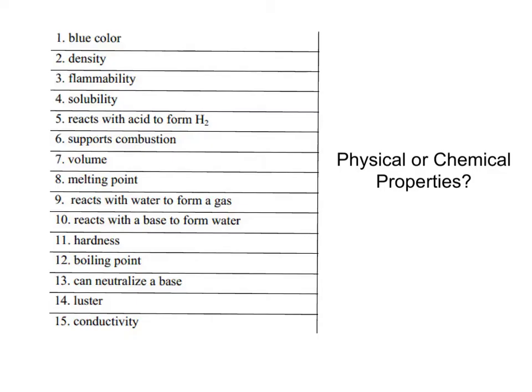All right, so now that we know the differences between physical and chemical properties, let's identify them like the I can statement says you should be able to do. So here's what you have to go do. You need to go find another person in this class. When you get to that other person, you need to sit down and look at this list, and talk to each other about whether these are physical properties or chemical properties.